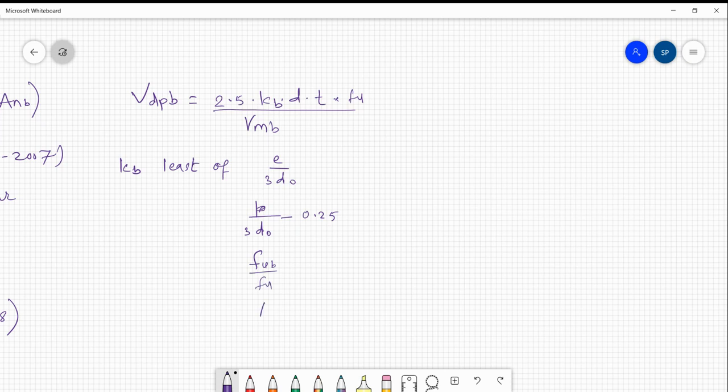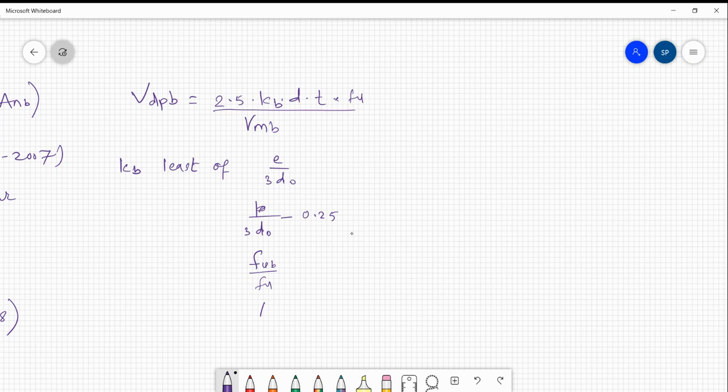So out of these four values, whichever is least, that value is to be selected as KB value. Once you get that KB value, then you can go for D, that is nominal diameter, that is already defined in the numerical. So once you get that value, then remains T. Now thickness is to be selected minimum between thickness of gusset plate and thickness of angle section. So all these values you have to take from there on.